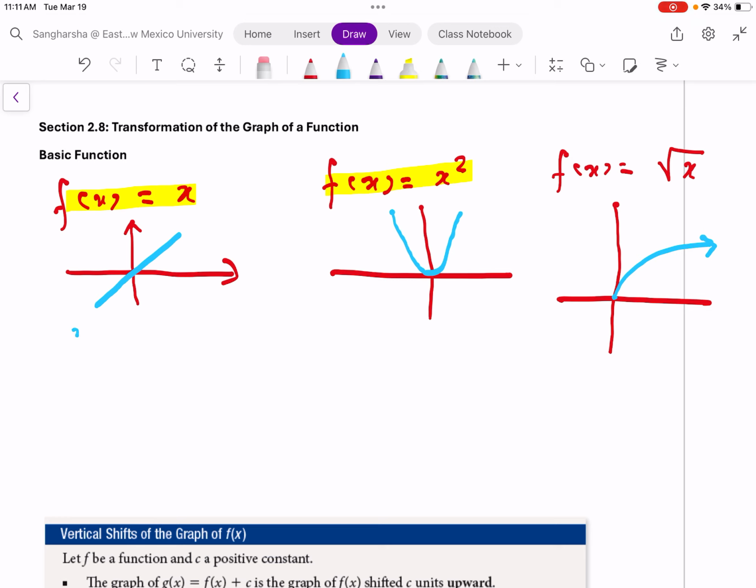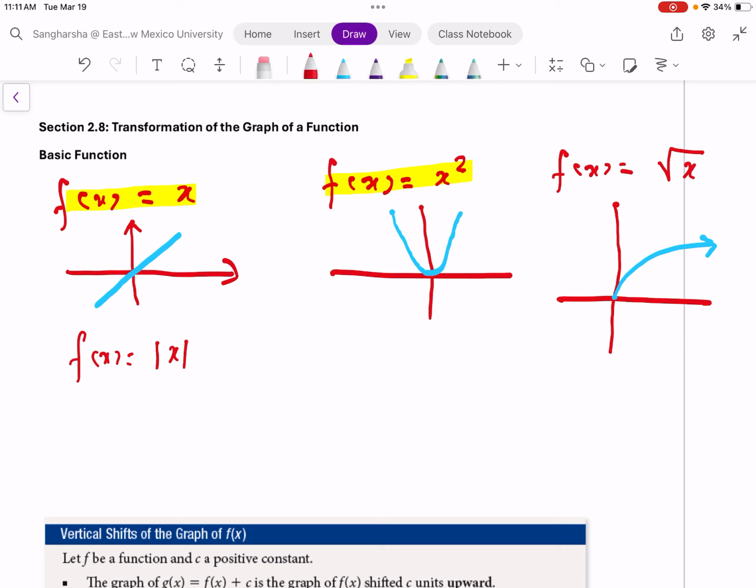Next, if our function is f of x equals absolute value of x, what is the name of this function? Any guess? The name. Yeah, this is the absolute value function.